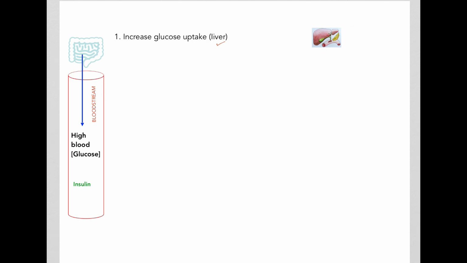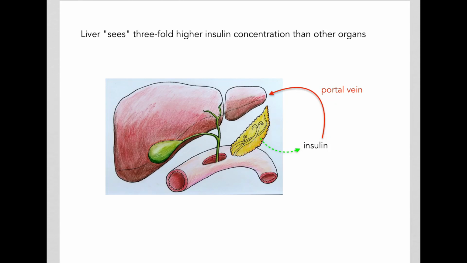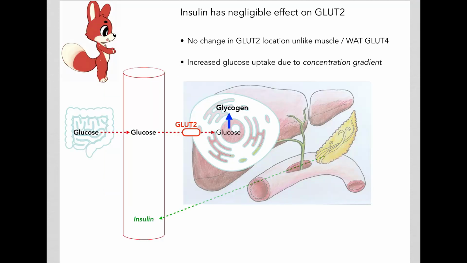First, the liver. Due to the anatomy, the liver will see a much higher insulin concentration, almost threefold higher than other organs in the body. The major glucose transport protein of the liver is GLUT2.